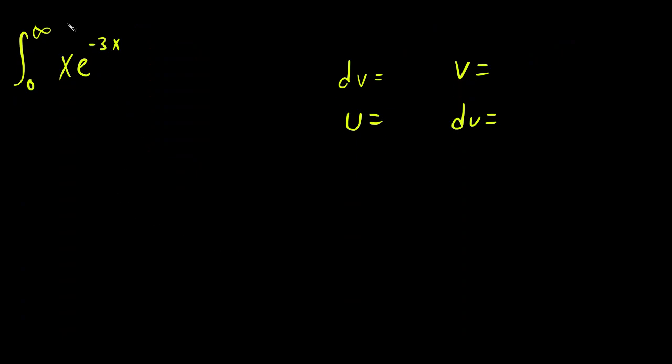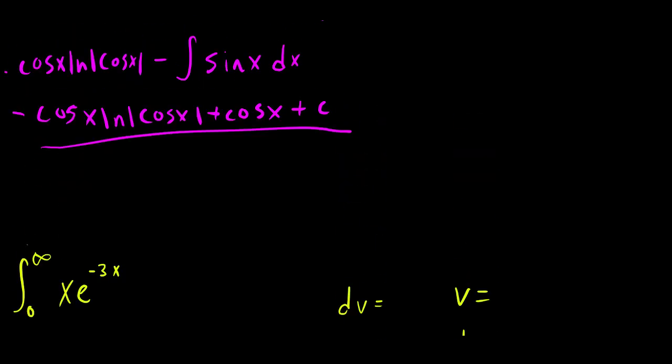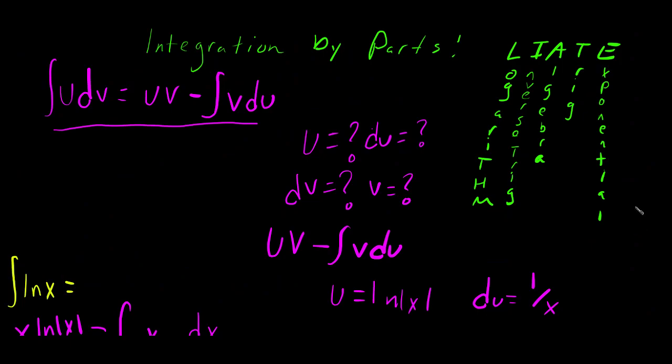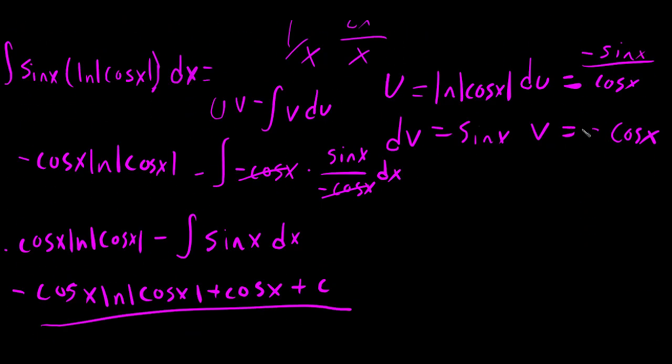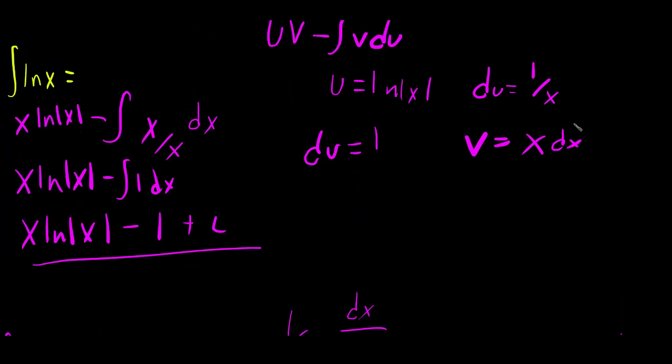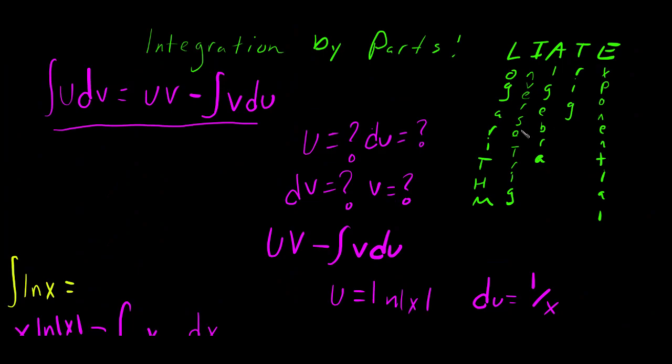So here I already have my du written out. What I'm going to do here is look back up at LIATE. I know that it's exponential because of e to the negative 3x, and looking back at it, I had an x, so x is algebra technically.